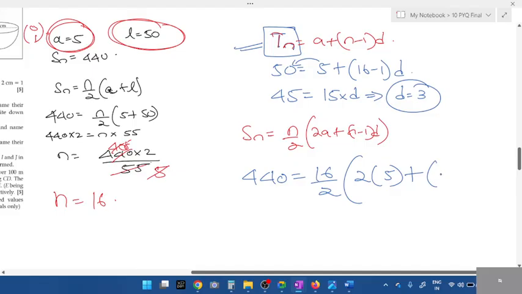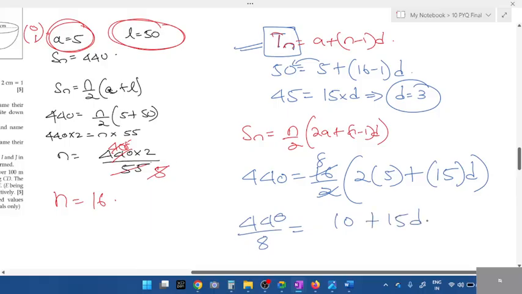What is n minus 1? n is 16, 16 minus 1 is 15 into D. This 8 will get divided: 440 divided by 8. 2 5s are 10 plus 15D. 8 5s are 40, 55. 55 subtract this 10: 55 minus 10 is equal to 15D. 55 minus 10 is 45. 45 divided by 15, D is equal to 3.